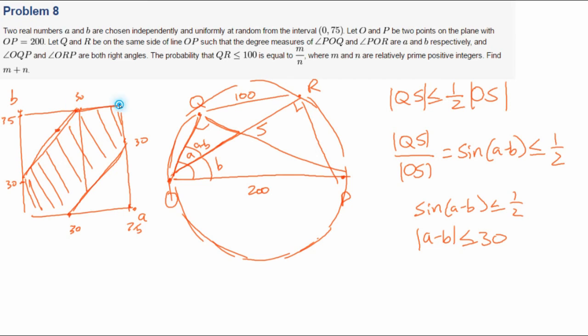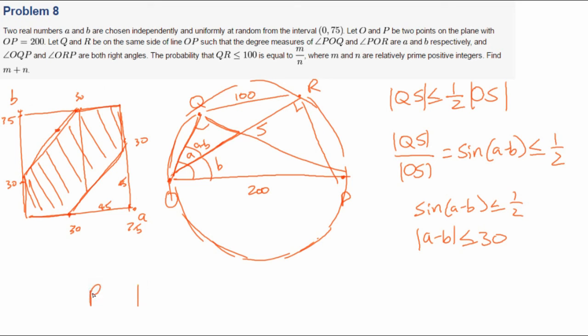What this graph gives us is that we just have to divide the area of the strip over the area of this square to find the probability. So instead of finding the area of this strip, let's find the area of these blank spaces with side length 45. The area of the unsuccessful space is 45 squared, and the area of the total space is 75 squared.